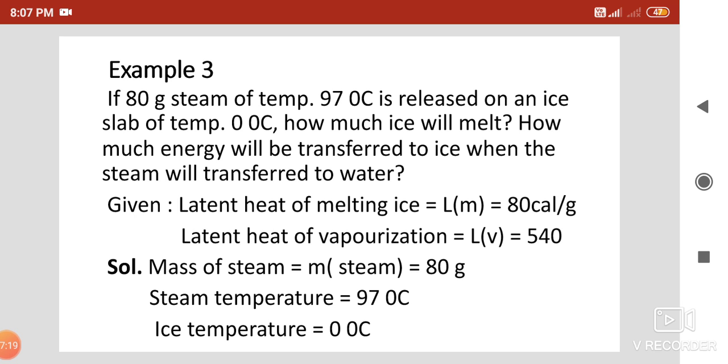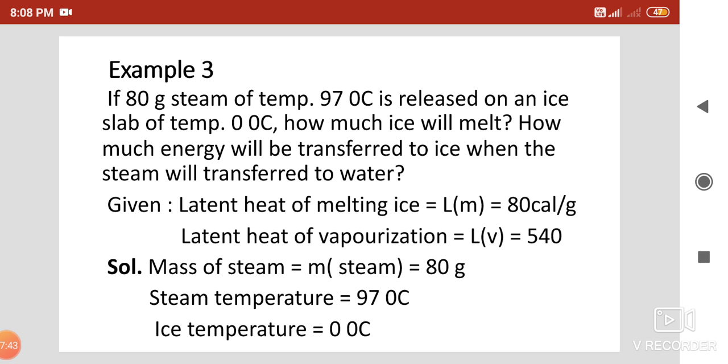See the third example. If 80 gram steam of temperature 97 degrees Celsius is released on an ice slab of temperature 0 degrees Celsius, how much ice will melt? And secondly, how much energy will be transferred to the ice when steam is transformed to water?